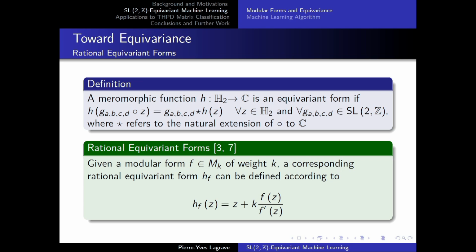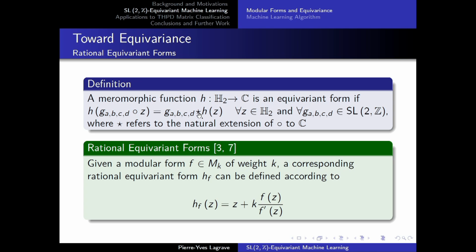Now, if we take a step back and think about our initial problem, we were interested in building some equivariant algorithm. To do that, we need to define what equivariant means in our context. Here we are going to say that the function h is equivariant if we can swap the operator h and the group action.